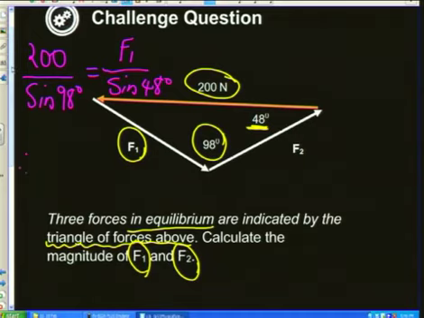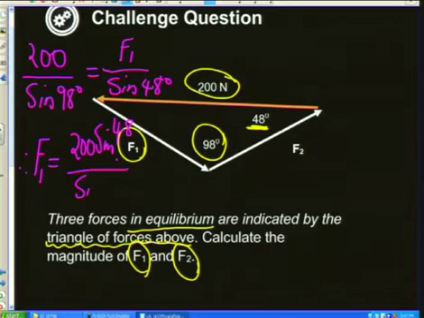Therefore, F1, the force that I'm looking for, will be equal to 200 times sine 48 divided by sine 98 degrees. These are degrees. So I can work that out quickly.